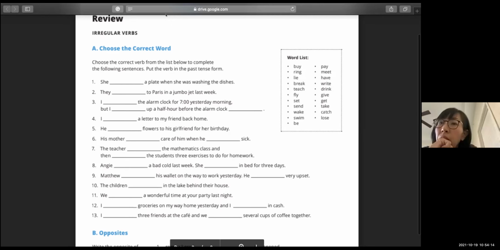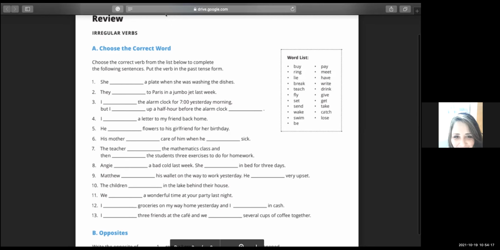I gave a letter to my friend back home. Number 4, I think I wrote a letter to my friend back home. I think wrote. Exactly. I think both gave and wrote are good answers. I think it is more common to write a letter, so probably wrote is the best answer for number 4. But yeah, I think gave is okay too.